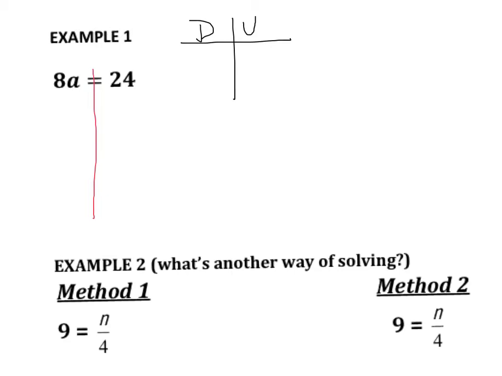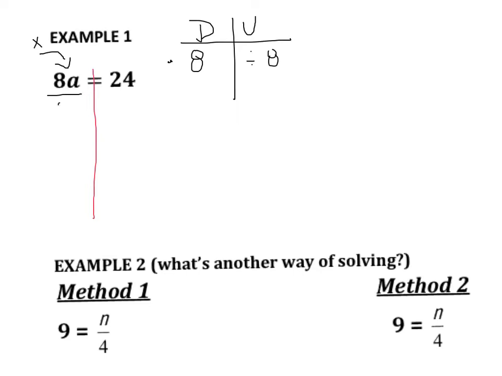So right now I'm looking at this and I have 8a equals 24 and I'm asking myself, okay, what right now is happening to this variable a, what's happening between 8 and a, and I know that that is multiplication. So I know right now a is being multiplied by 8. And we just learned that to undo a multiply by 8, we're going to divide by 8. So I'm going to go ahead and do that.